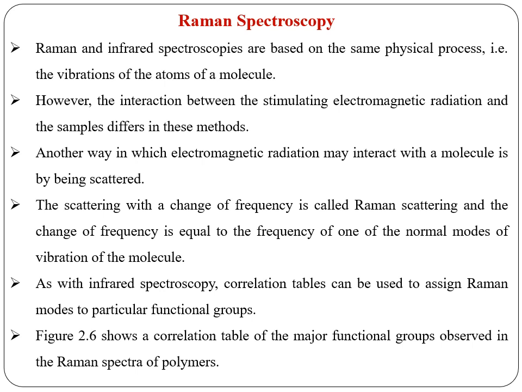The scattering with a change of frequency is called Raman scattering, and the change of frequency is equal to the frequency of one of the normal modes of vibration of the molecule. As with infrared spectroscopy, correlation tables can be used to assign Raman modes to particular functional groups.